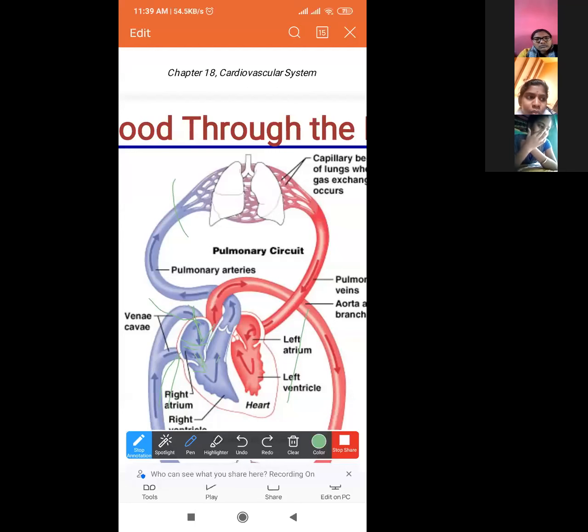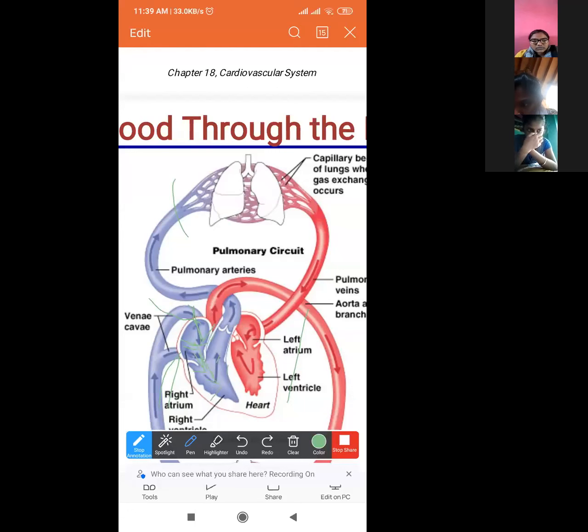Tricuspid valve. Tricuspid valve is there. So that valve will be open. The blood will enter into the right ventricle.